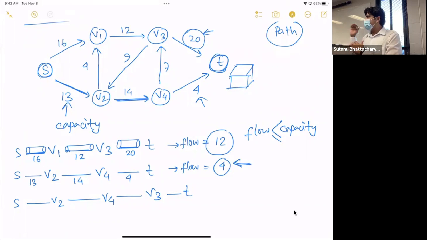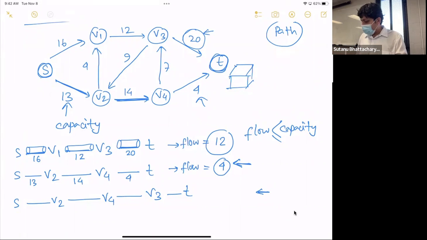So what things do you need to keep in mind when you calculate flow for the third one? We need to also consider those things, right? So what will be the maximum? S to V2, we have already used 4.